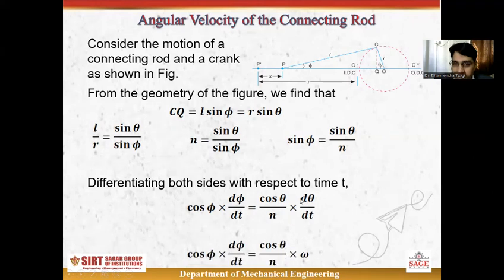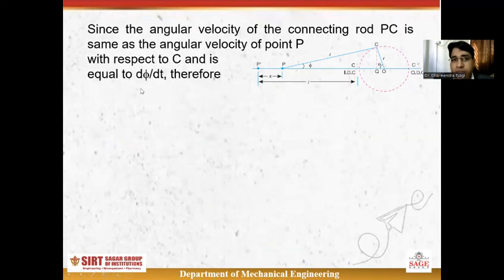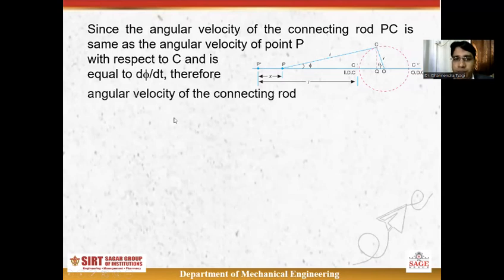Since the angular velocity of the connecting rod PC is the same as the angular velocity of the point P with respect to point C, and equals d phi upon dt, the angular velocity of the connecting rod, represented by omega C, equals d phi upon dt.